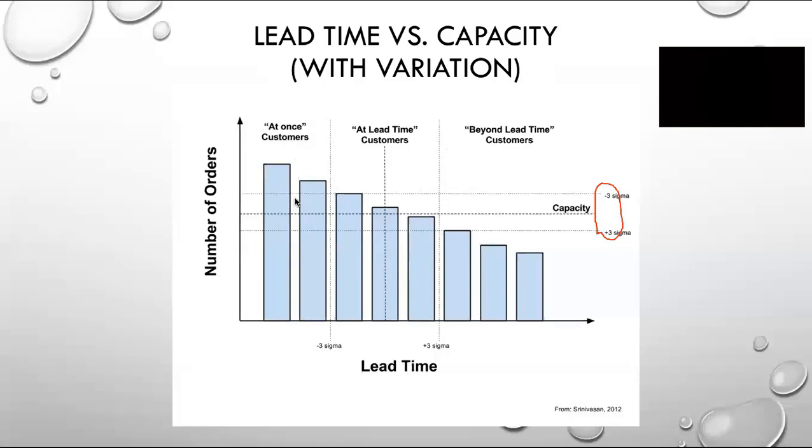So when we deal with lead time, you obviously want to push your lead time to the left. We want to decrease the lead time so we have more people on this side of the chart. Now, when we look at variation in lead time, let's say this is a very wide sigma band.